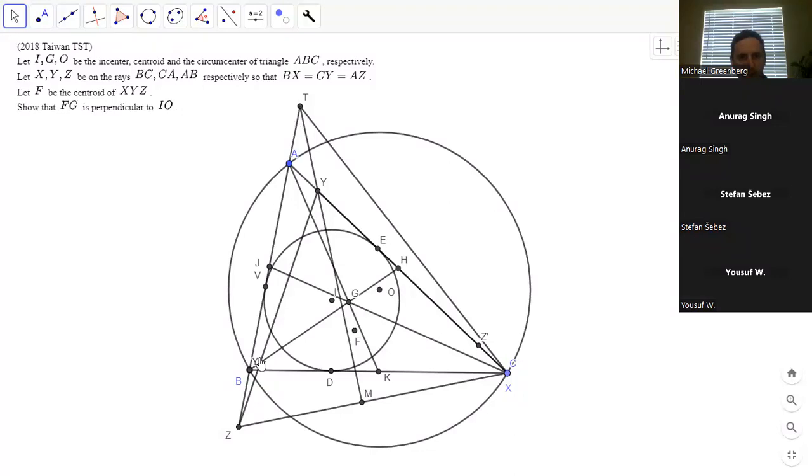We could define T in terms of Z. So T is basically the vector AB plus the negative of BZ. We could define Z in terms of T.